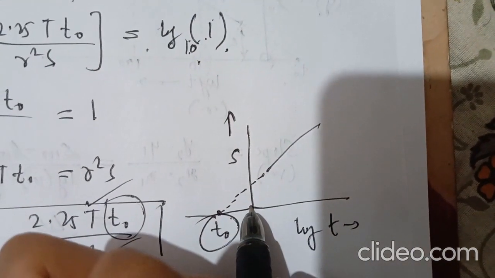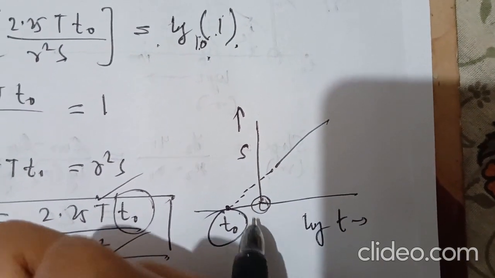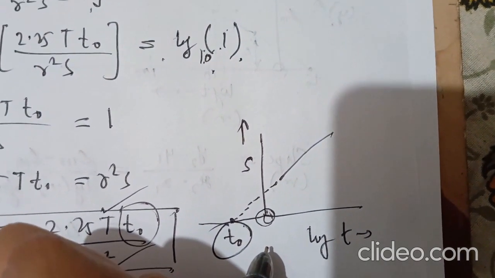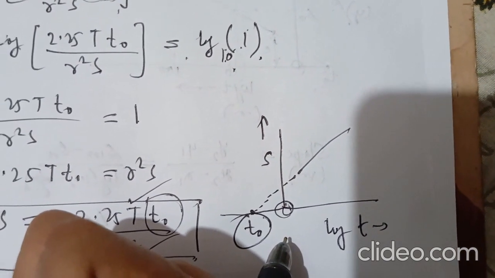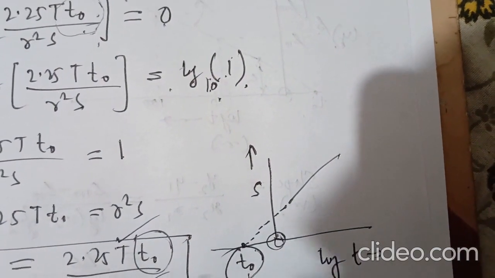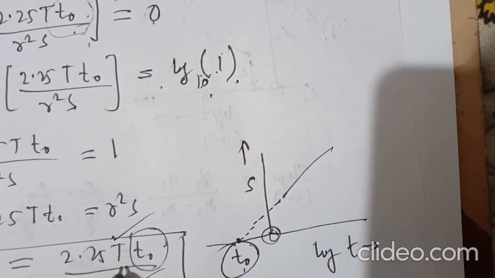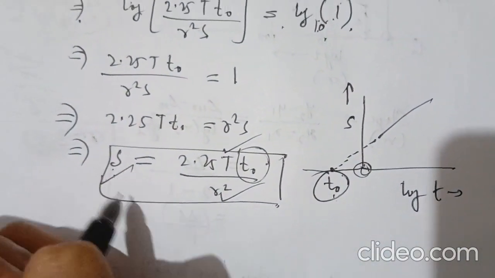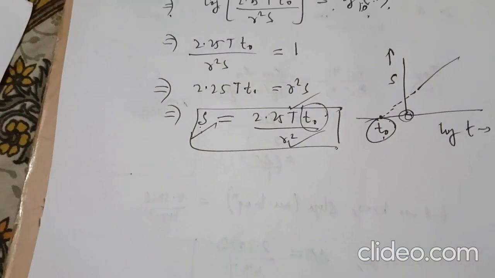Why t naught? Because you see that our s becomes 0 here. We know that at time t naught, drawdown is equal to 0, there is no drawdown. So whatever t naught value you get, you put it here, and then you can easily calculate the value of capital S, that is the storage coefficient.